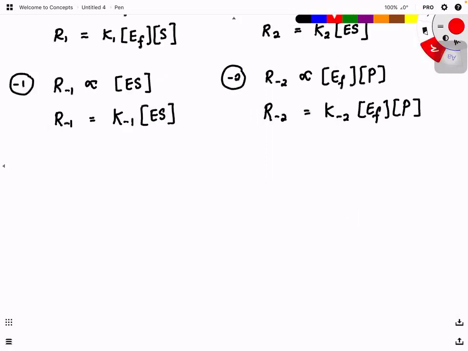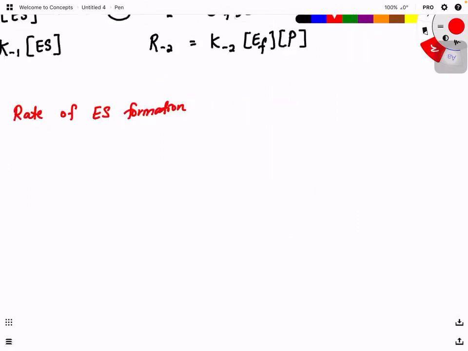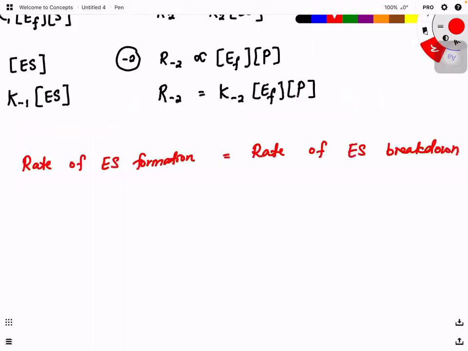So first, the rate of ES formation will equal the rate of ES complex breakdown. Understand or not?